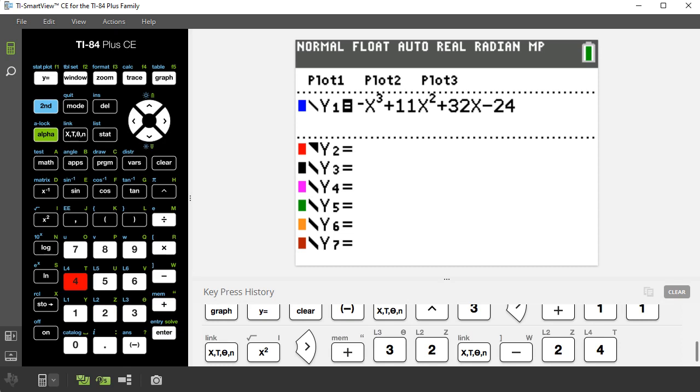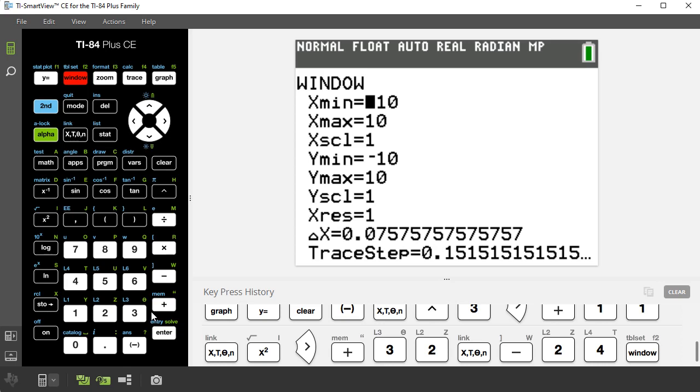Now, in any case, for this one, let's say that we want to give it a window, because I don't think that if we graph this, it's going to be big enough.